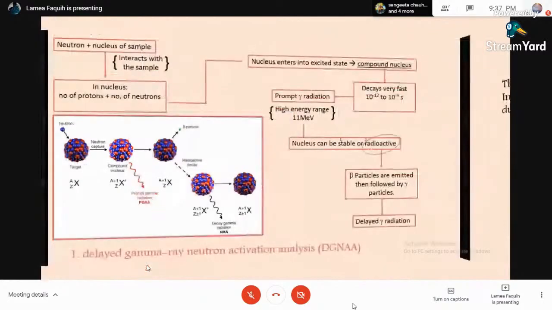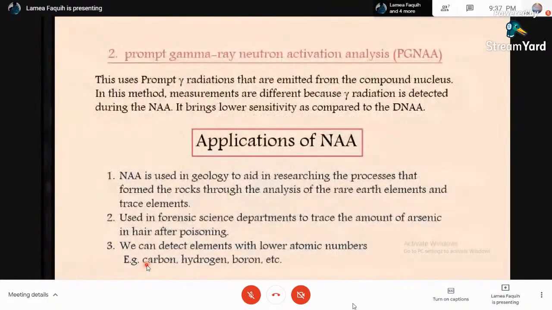That is why we call it delayed gamma ray neutron activation analysis. So now let us talk about prompt gamma ray neutron activation analysis. In this, we use prompt gamma rays, as I showed in the previous slide, that are emitted from the compound nucleus. In this method, my measurements are a little different because gamma radiation is detected during the neutron activation analysis, that is in between, and it brings lower sensitivity with respect to my DNAA.